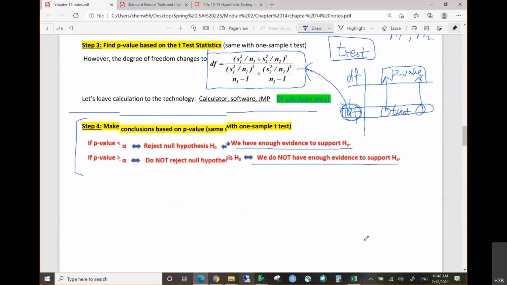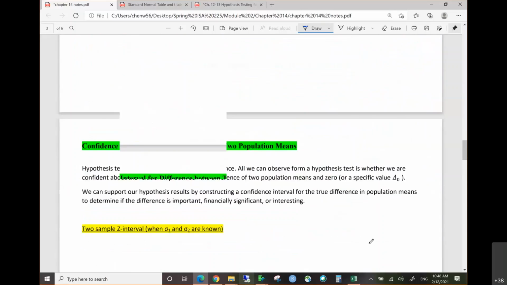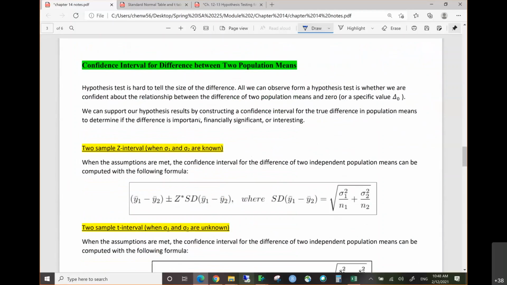All right, again, once we're done with the hypothesis test, we also need to talk about the confidence interval about the difference. We say, what if I don't have my own claim? I just want to know what is the range for the difference. Then I want to know the confidence interval for the difference between the two population means.